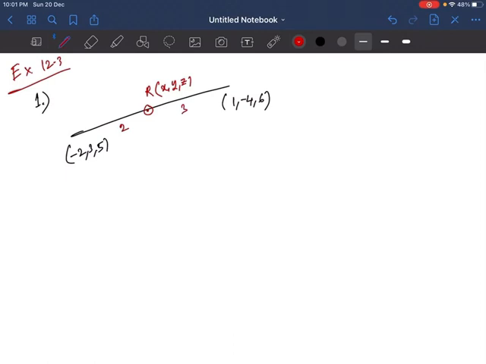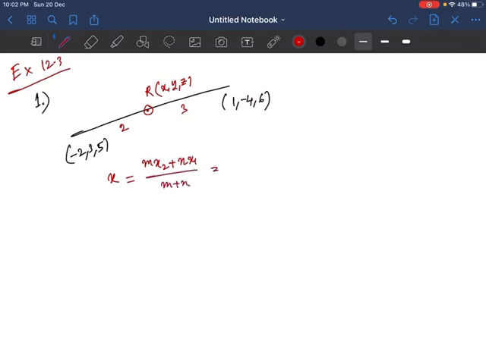So what do I have to do? I have to find the coordinates x, y, z. So x will be equal to what? We have learned the formula: mx2 plus, internally we are doing, plus nx1, divided by m plus n.